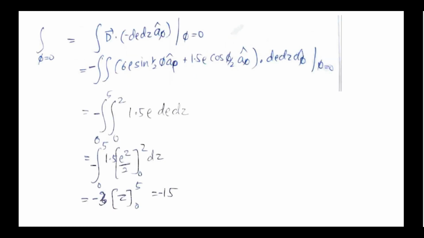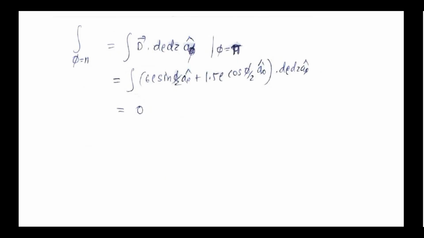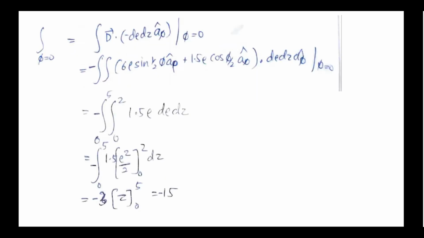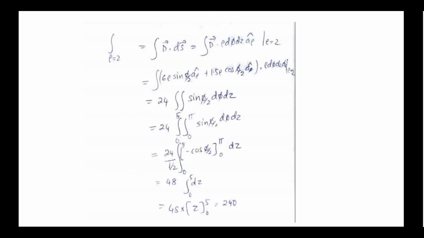Now ρ equal to 2 you have to evaluate. So at ρ equal to 2, for D dot dS, dSρ is ρ dφ dz aρ. If you substitute that, ρ dφ dz aρ into D dot dS.